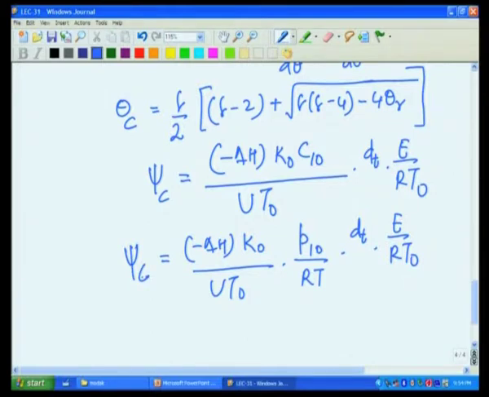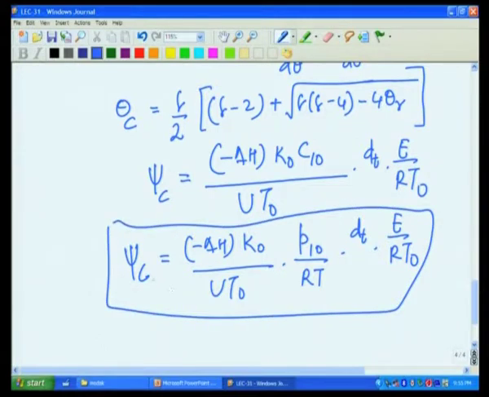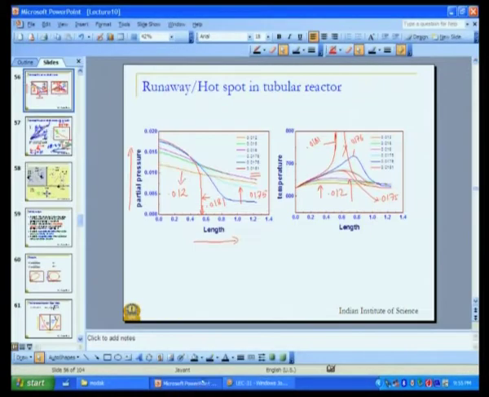In other words, we can find the relationship between this curve with a known value of psi c, which now defines a phase plane behavior, or the separatrix, in the phase plane of P10 and T0.